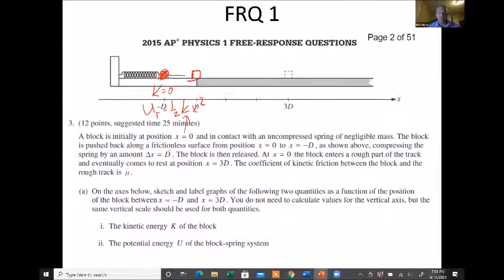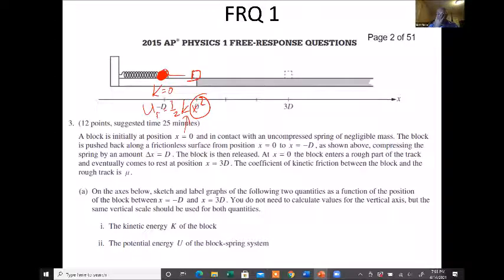It's essentially how stretchy or hard to compress a spring is. And this X is the distance of compression. So in this case, our X would be minus D. We don't need to calculate it in this case. We just need to think about, at this point right here, 0 kinetic with some elastic potential.